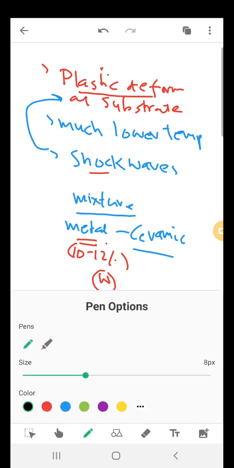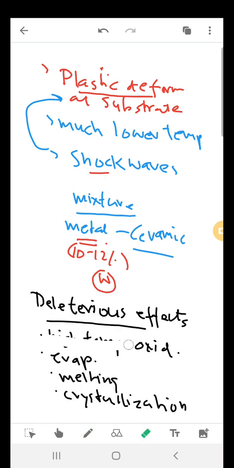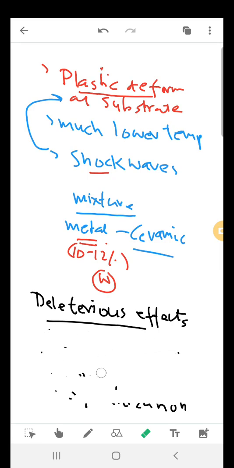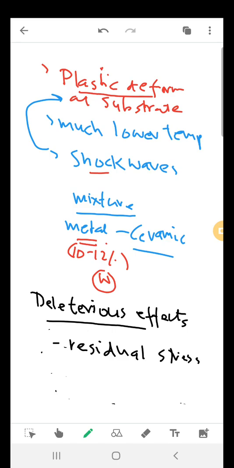Apart from that, you can have residual stress, something called debonding, and there can be gas release as well. These are some of the negative effects cold spray can have.